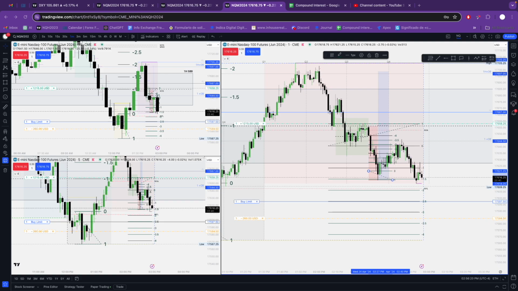When in a market maker sell model, OTE the price leg, opening range, and drill down to lower time frame.